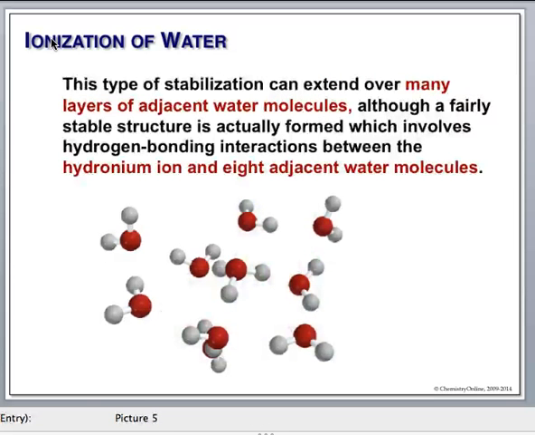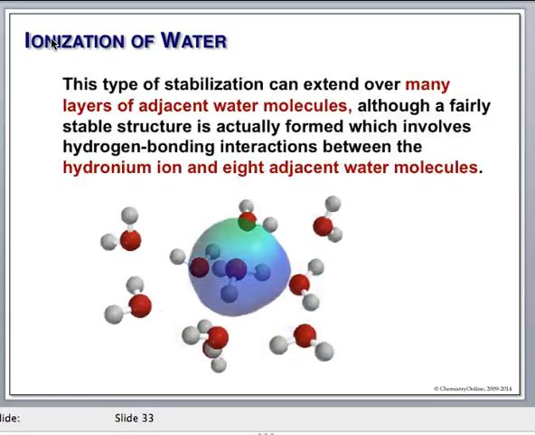Now, as I said, every water molecule is surrounded by about 8. Here I've got 1, 2, 3, 4, 5, 6, 7, 8. Some above, some below. So this is kind of like a cluster with a hydronium here in the middle. So there it is, just sitting there, nice and cute.